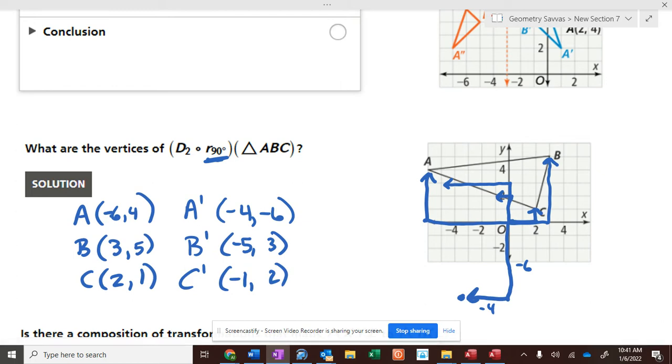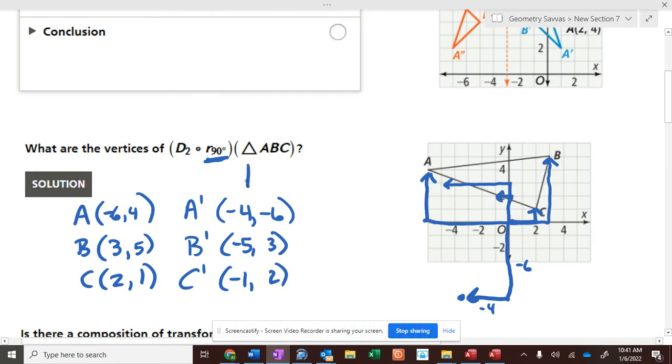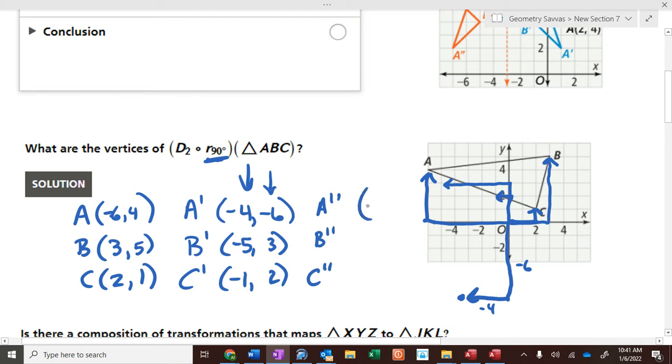Then we're going to dilate it by a scale factor of 2. So what do we do to all of these numbers? Multiply by 2. So for your final answer, you just multiply everything by 2. So it's negative 8, negative 12, negative 10, 6, and negative 2, 4.